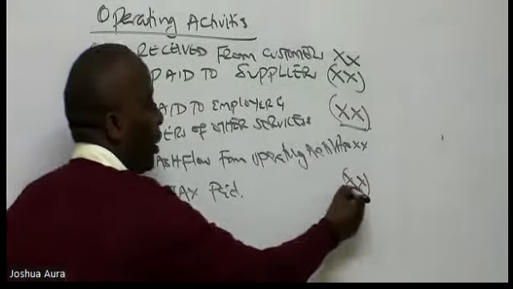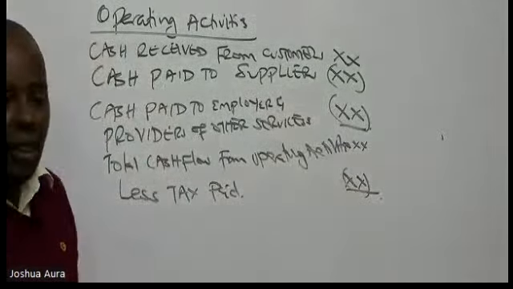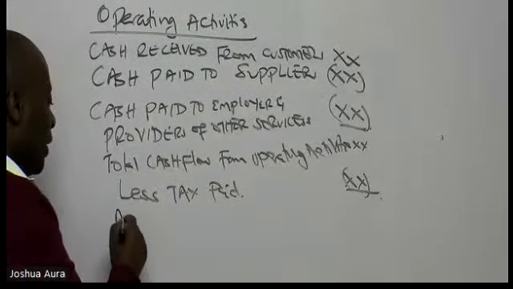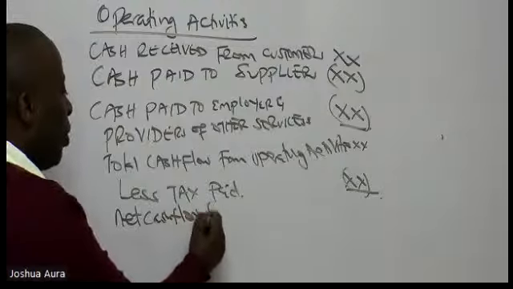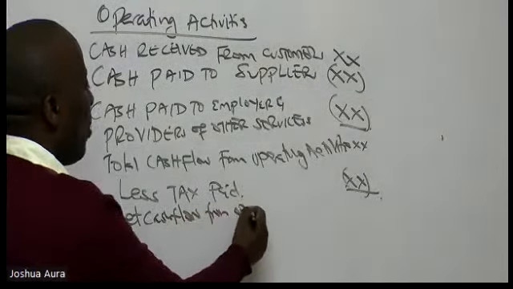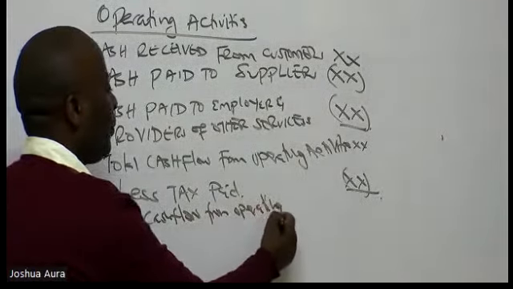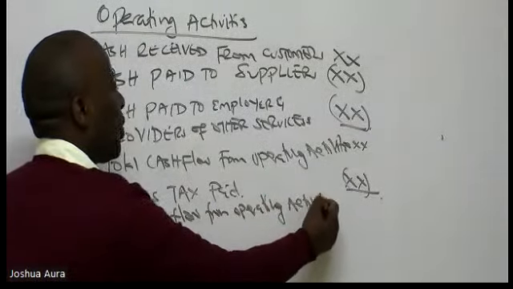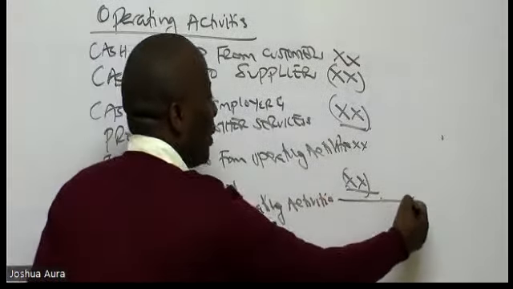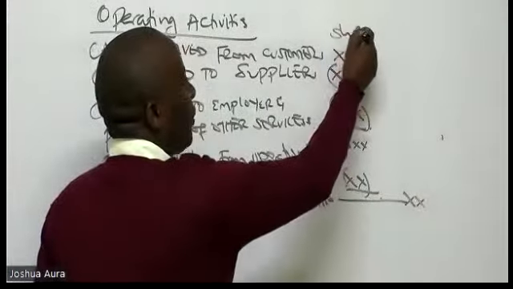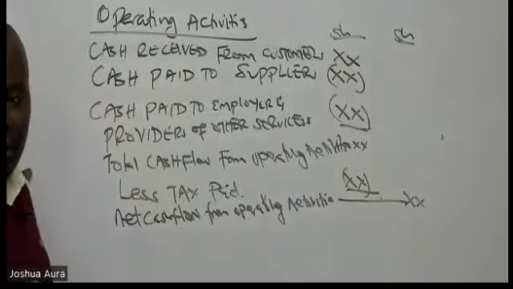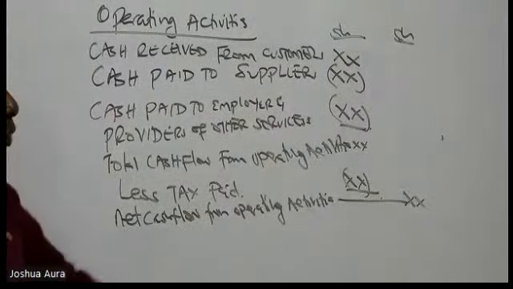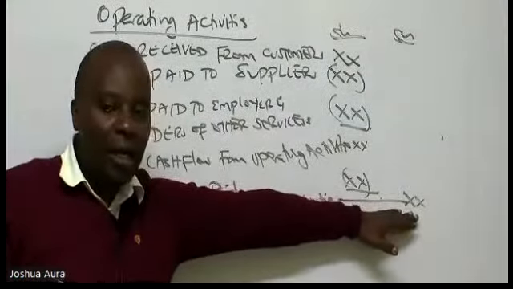Out of this subtraction, the net amount is the net cash flow from operating activities, which we transfer to the other column, where we have shillings.